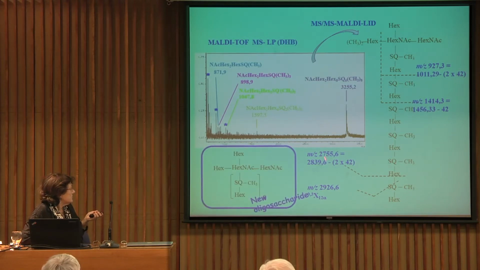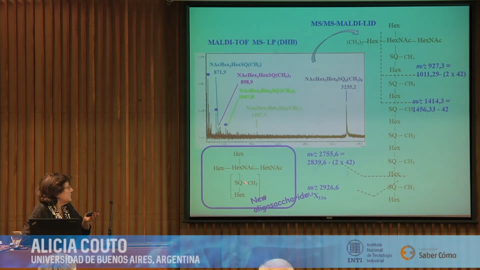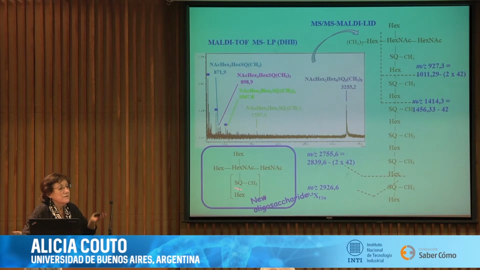So we could say that a new oligosaccharide with this structure, 2 N-acetylhexosamine, 2 hexoses, and a repeating unit of methyl sulfokinurose hexose was the structure present in that glycoprotein. It's very rare, but it is from an archaea, that's different.